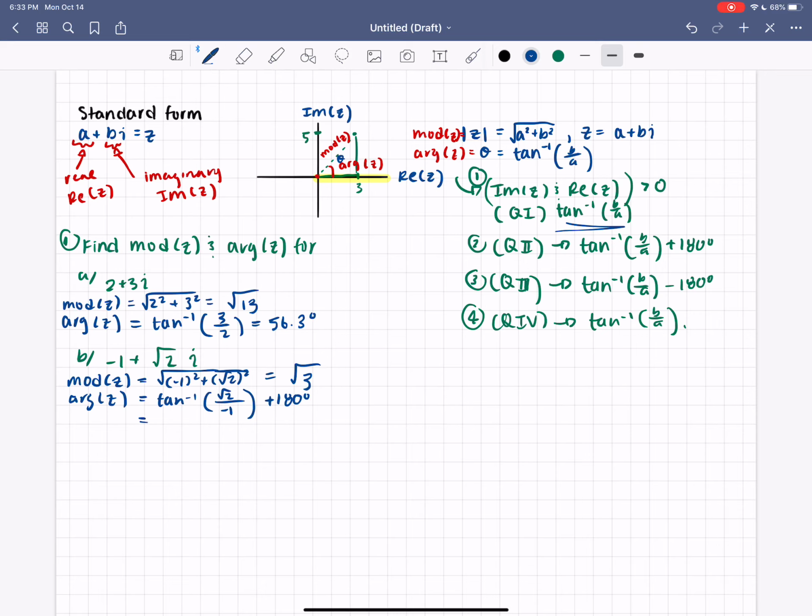So if I calculated this, using a calculator, making sure your calculator is in degrees, enter that into your calculator.